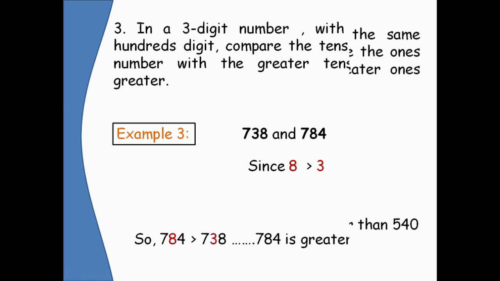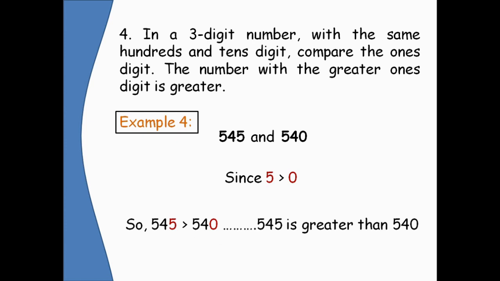Now let's move to the last rule, rule number 4. In 3-digit numbers with the same hundreds and tens digit, compare the ones digit. The number with the greater ones digit is greater. So we have taken two numbers, 545 and 540.